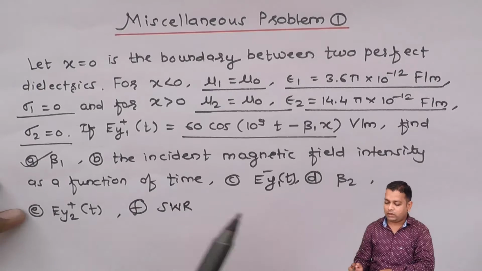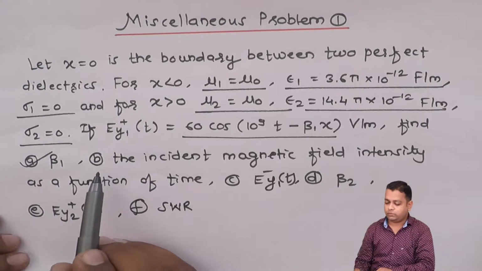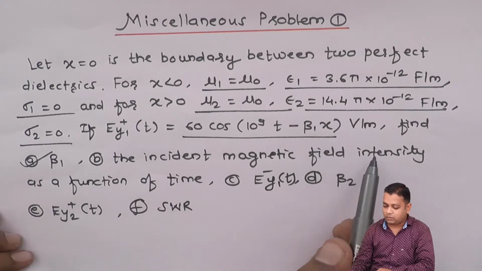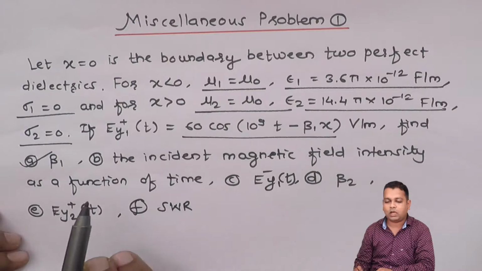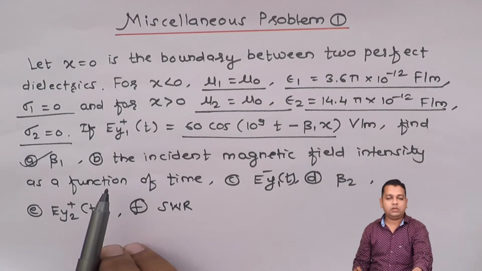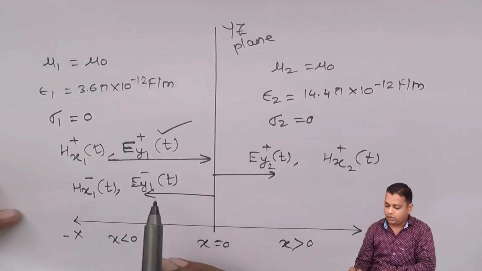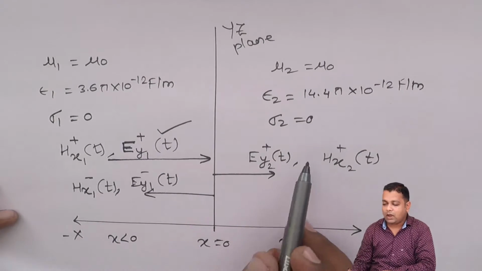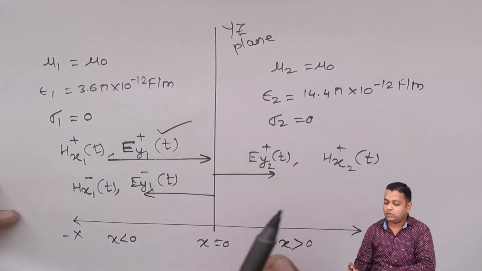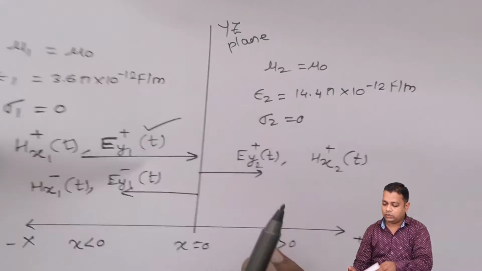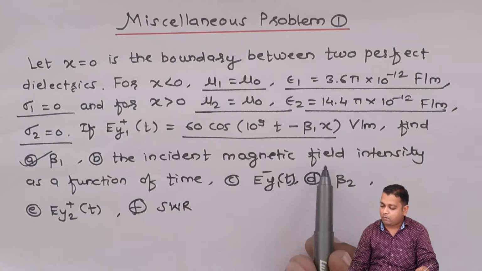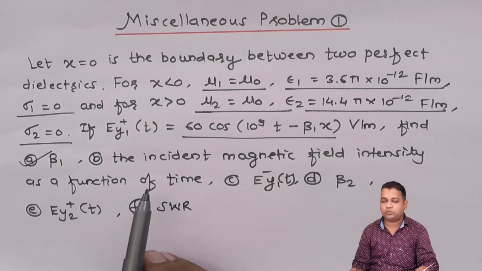Now, we shall attend the second part, that is part B, the incident magnetic field intensity as a function of time. In the diagram, we have already discussed the reflected portion, the incident portion, and the transmitted portion of the electromagnetic wave. So here we require the incident magnetic field intensity as a function of time.